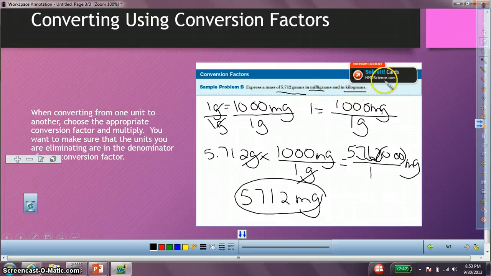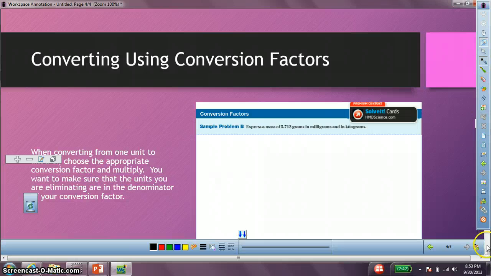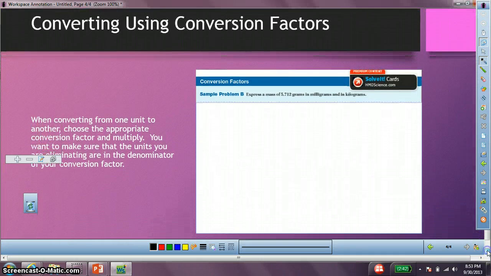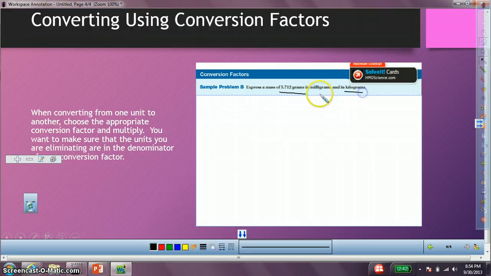Now we have to do the problem again for kilograms. Okay, so converting 5.712 grams into kilograms. We know that there are 1,000 grams in 1 kilogram.